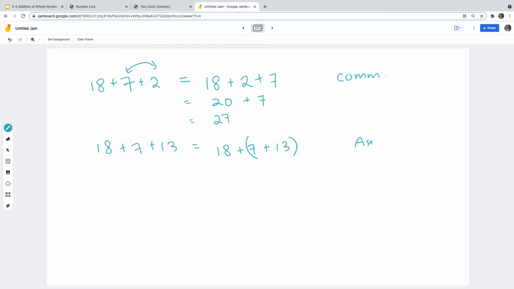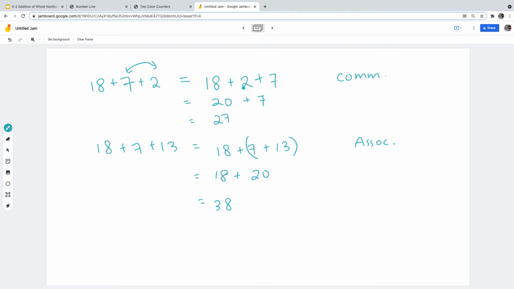Yes, it's the associative property. I didn't change the order. It's still 18, 7, 13. The order didn't change, so it's not the commutative property, but I am associating differently. So it is the associative property. So 18 plus, what's 7 plus 13? 20. Now, this is 38.